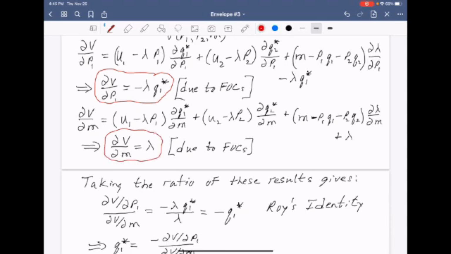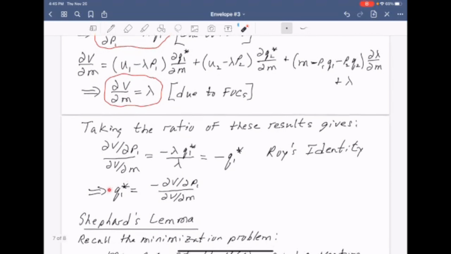We take the ratio of those two, which we do here, and we see that we get minus Q1 star, which is the Marshallian demand. So rearranging that, we get that the Marshallian demand function can be recovered by taking the negative of the partial of the value function with respect to P1 divided by the partial of the value function with respect to M.